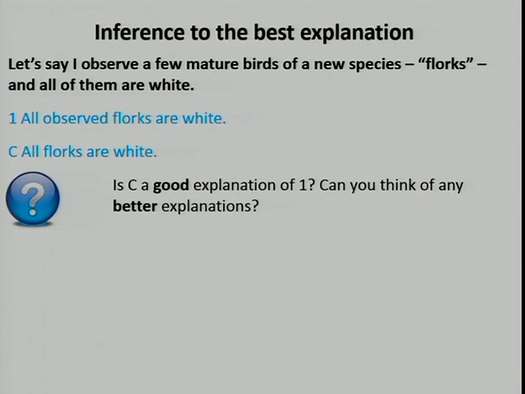Nobody knows what they are, and that isn't important. That's why we're talking about florks, because nobody knows what they actually are. All observed florks are white. Therefore, all florks are white. Just gut feeling: is that a good explanation, or is it intuitive to think that other better explanations, or at least equally good explanations, might be available?